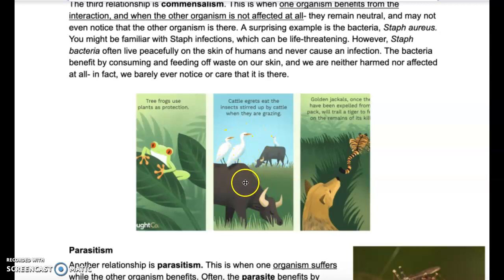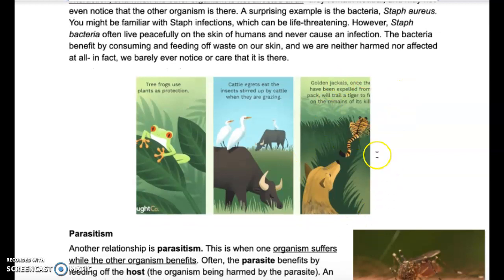They're not really bothered by this interaction, but they're also not benefiting from it. But the egrets are the ones who benefit because they get a place to stay and feed off of the insects in the same area. But they're not competing with the cattle for the food source, because the cattle are eating the grass while the egrets are eating the insects that also live in the grass.